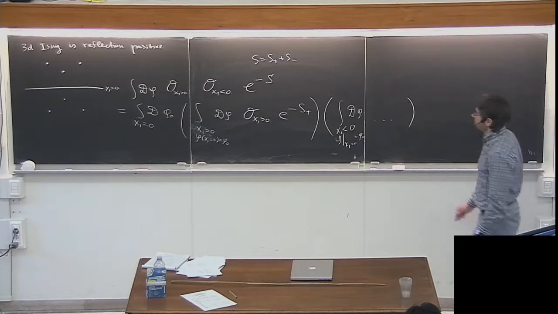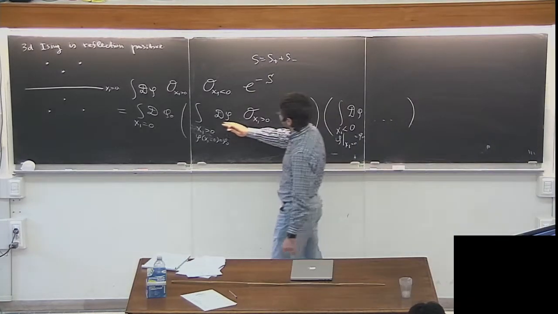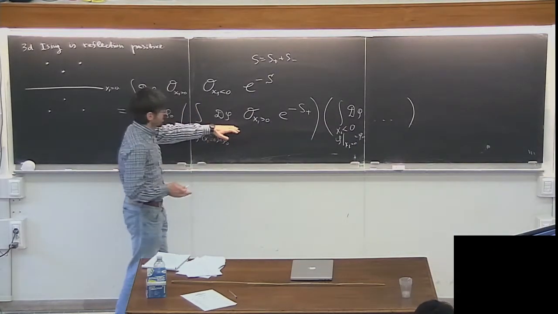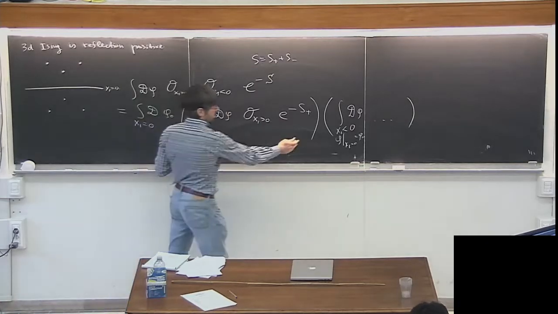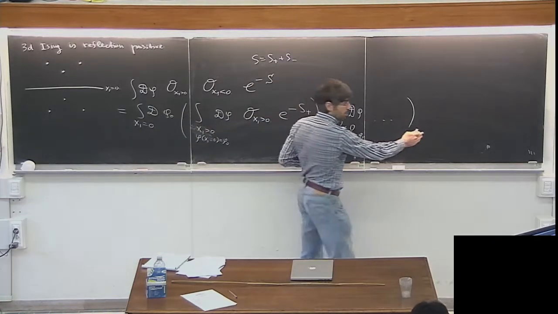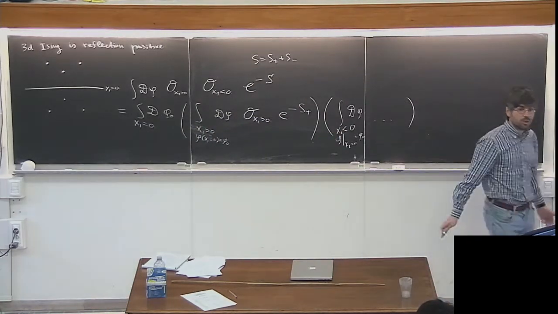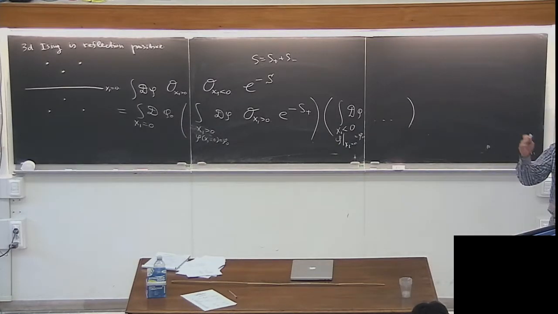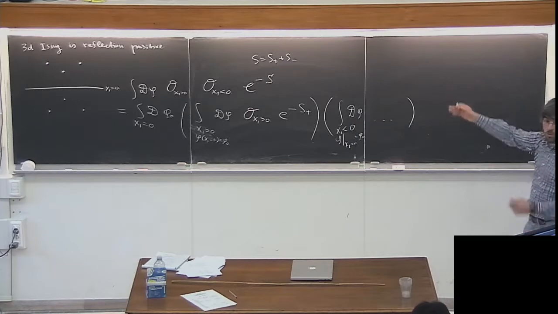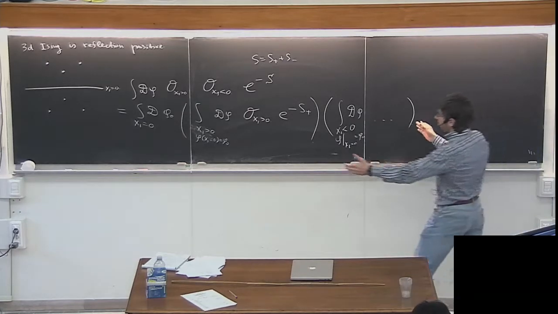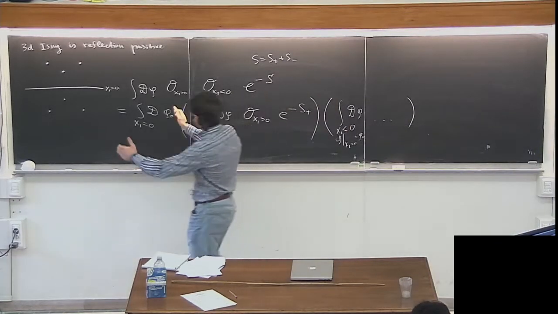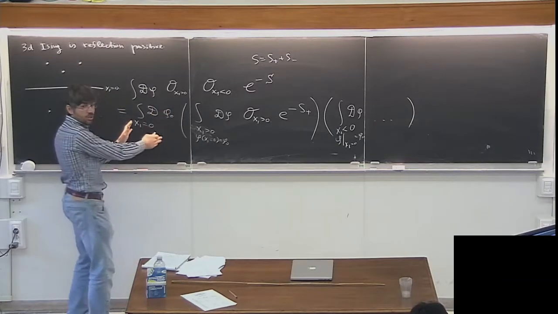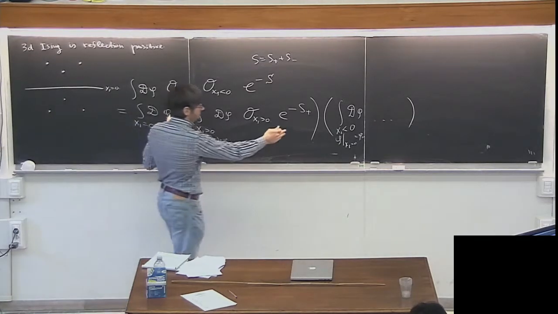But now you notice that, at least for the Ising model, it's obvious that these two factors, provided that you insert fields symmetrically, are identical, because you have a symmetry which relates the two half planes. So what you have here is just an integral over the boundary conditions on the plane of a square.